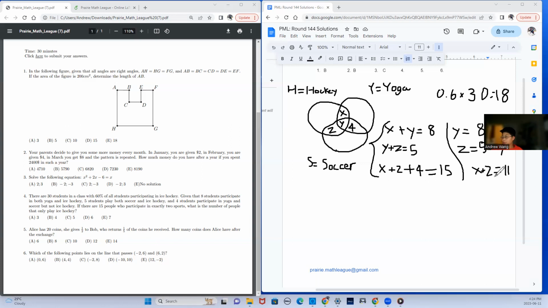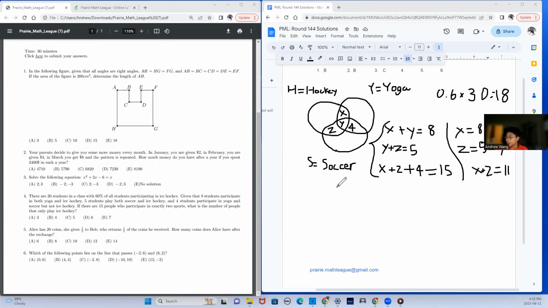So first we'll replace the X plus Z equals 11. Instead of Y equals 8 minus X, we are actually going to do X equals 8 minus Y, since it'd be easier to do it that way. X equals 8 minus Y, quick fix, and then now we can put the first two equations in the third, and it looks much better.